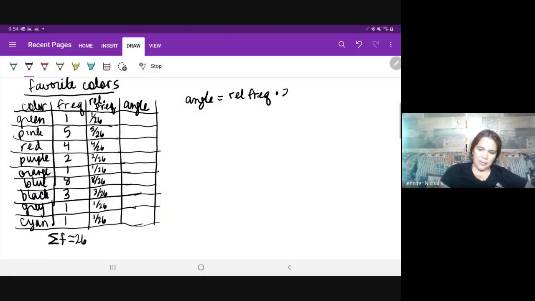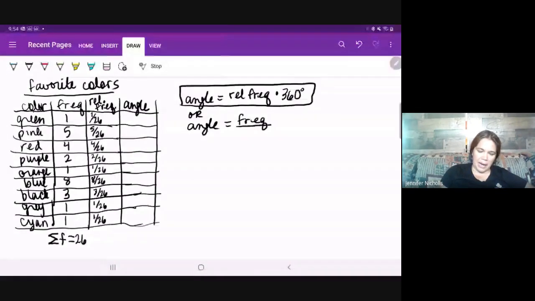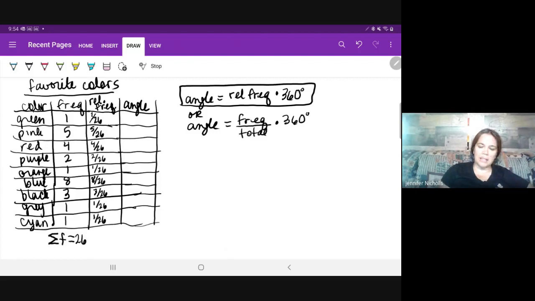There's 2 ways: that formula, or the other formula, frequency divided by total times 360, because relative frequency is frequency divided by total.